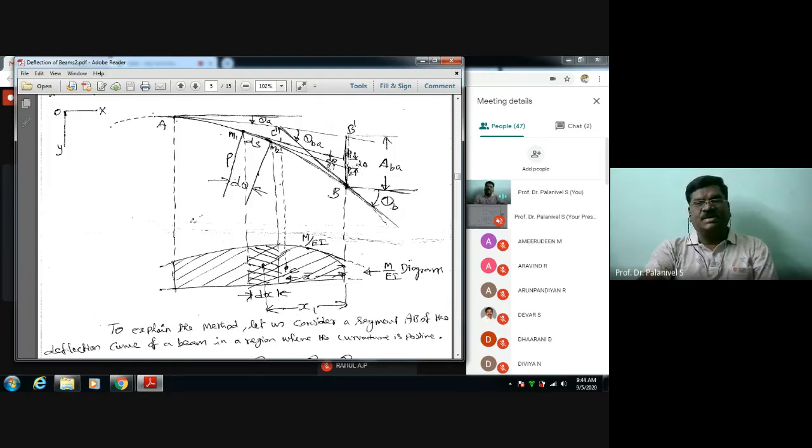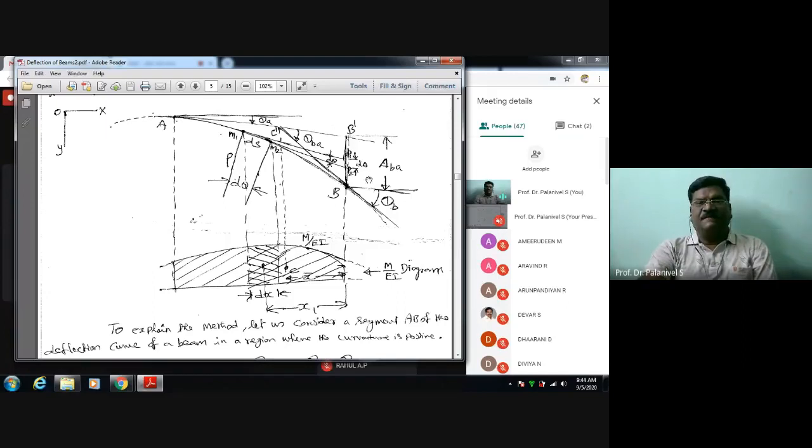So d del is equal to d theta into x1. It is just the arc length, P1 P2, that is radius into d theta, which gives the arc length here. It's nothing but the vertical offset d del here. So that's what we have done.